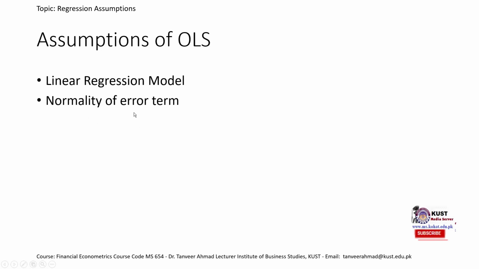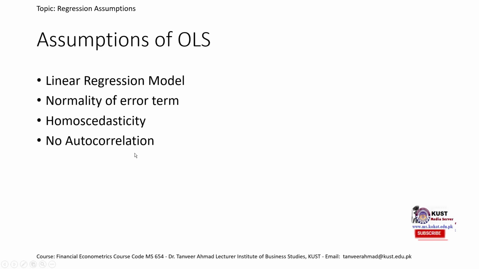The error term should be normally distributed. Then there is an assumption of homoscedasticity: the distribution of the error term should be constant, the variance should be constant. Then there is an assumption of no autocorrelation.